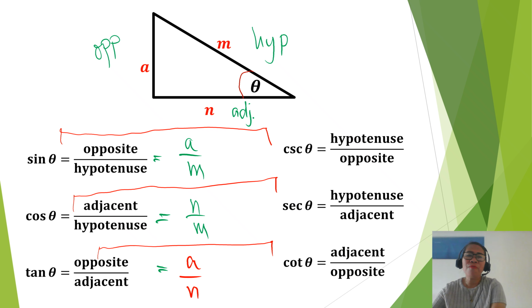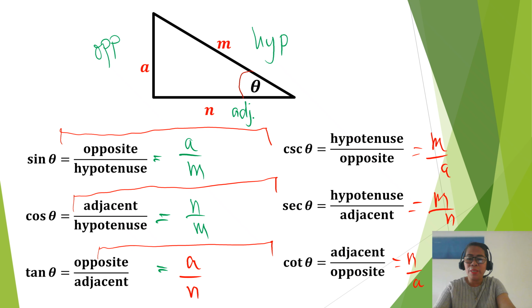So this is A over M, so this is M over A. And the second is N over M for the cosine, so this will be M over N. While the tangent is A over N, this will be N over A. So I hope you already familiarize as to how to get the 6 trigonometric functions, the basic and the reciprocal, in such a way that you will be familiarizing the different sides as to how they are related to the theta. If it is adjacent, if it is hypotenuse, or if it is opposite.